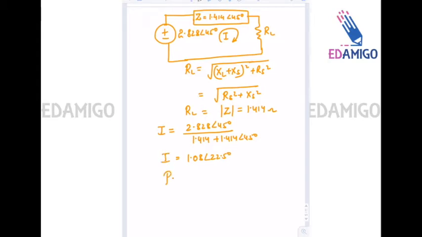And the power transferred will be the magnitude of current square times RL, that is 1.08 whole square into 1.414, that is 1.649 watts. Okay, so this is the answer to the question.